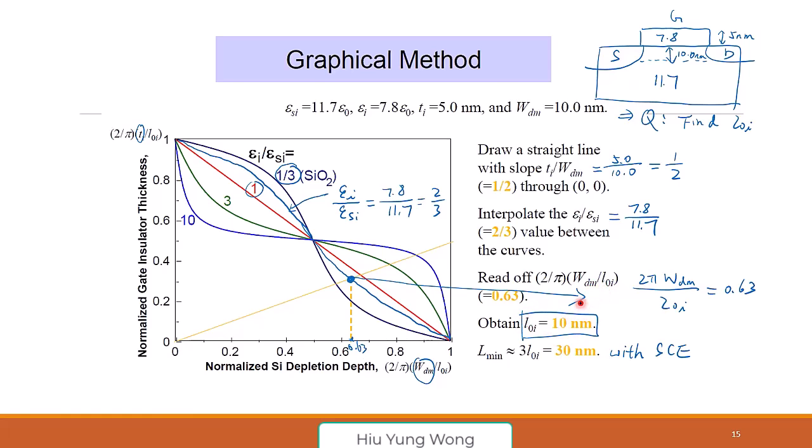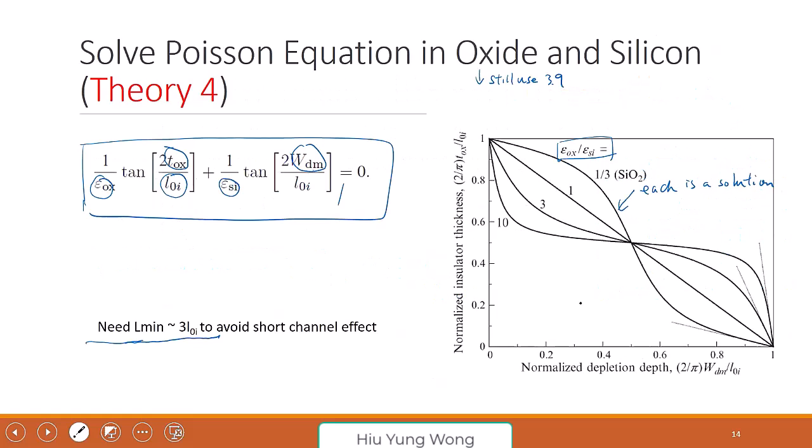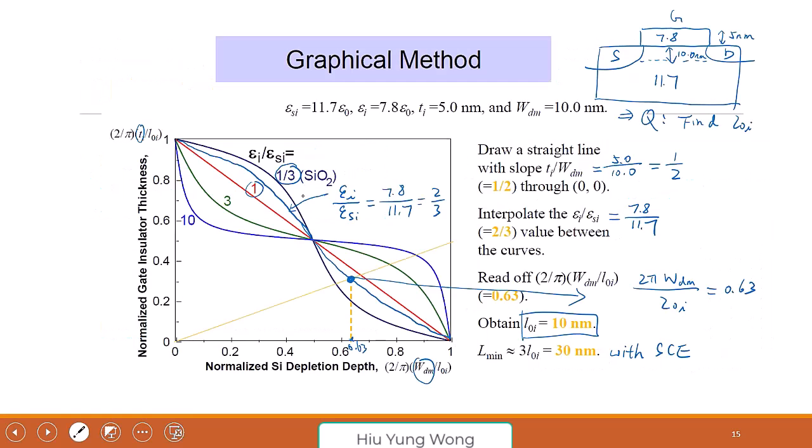So what I'm doing is nothing but just solving for LOI when I know these quantities: epsilon OX, TOX, epsilon SI, WDM. I can solve for it, but I just use the graphical method. I got LOI. The LOI is 10 nanometer.